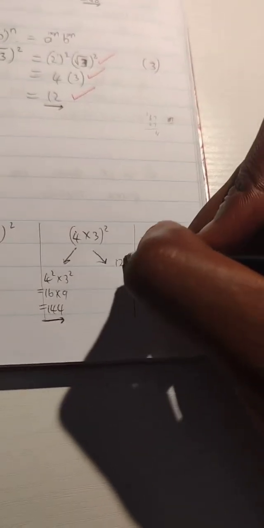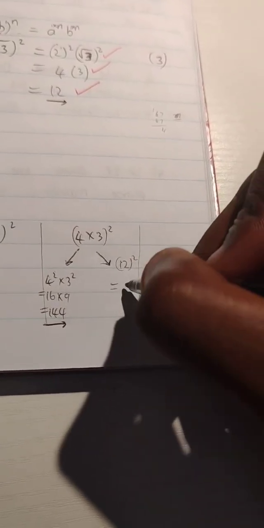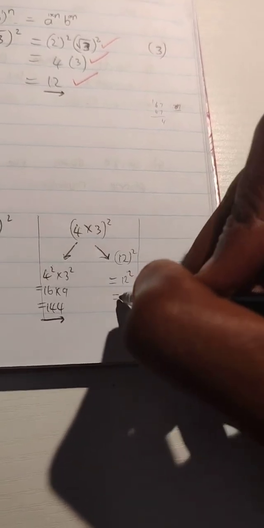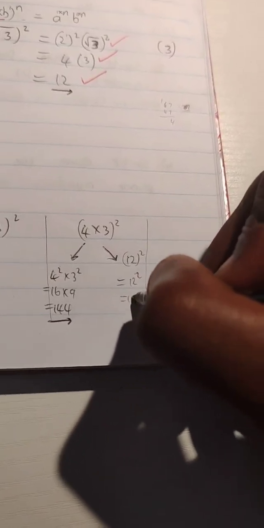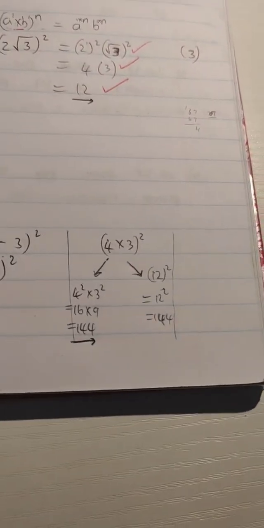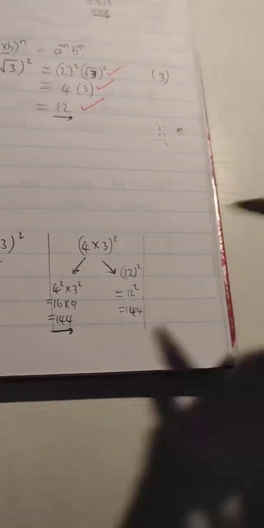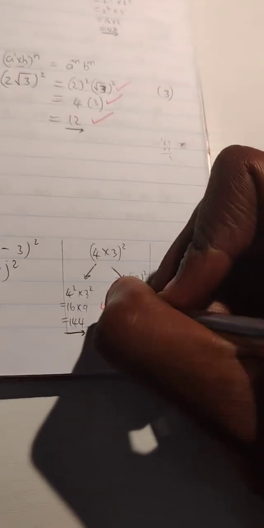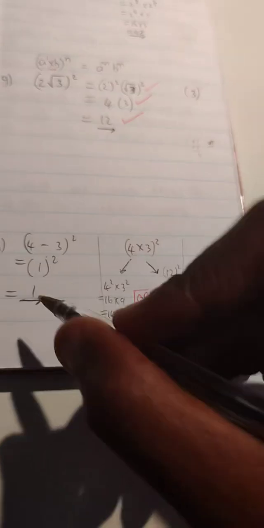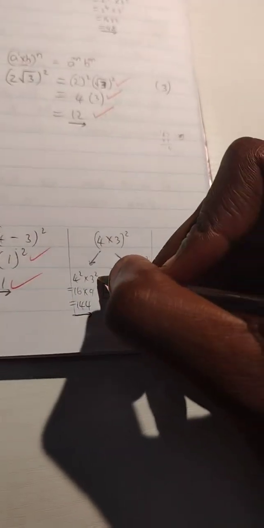That's one way of doing this. Or you could say, what's 4 times 3? It's 12. What's 12 squared? It is 144. Two ways of doing the same question, and both ways are 100% correct.